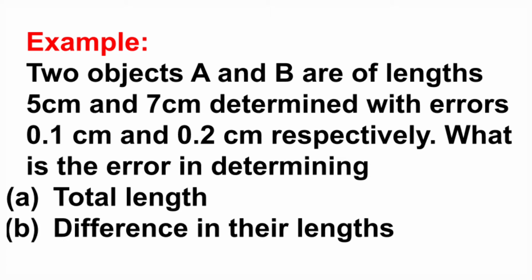There are two objects A and B with lengths 5 cm and 7 cm respectively, and their errors are 0.1 and 0.2 centimeters. These are absolute errors. What is the error in determining their total length, meaning length of A plus length of B, and the difference in their lengths, meaning length of A minus length of B?